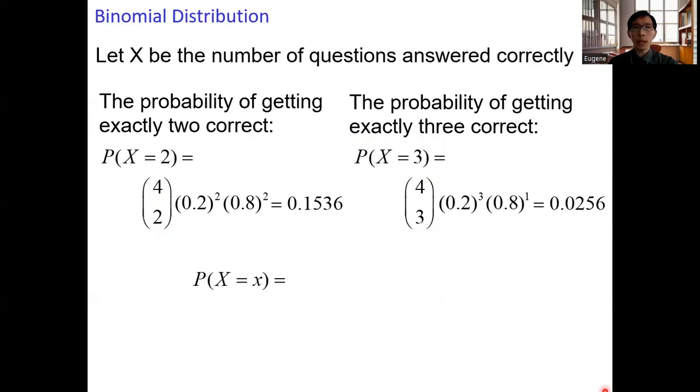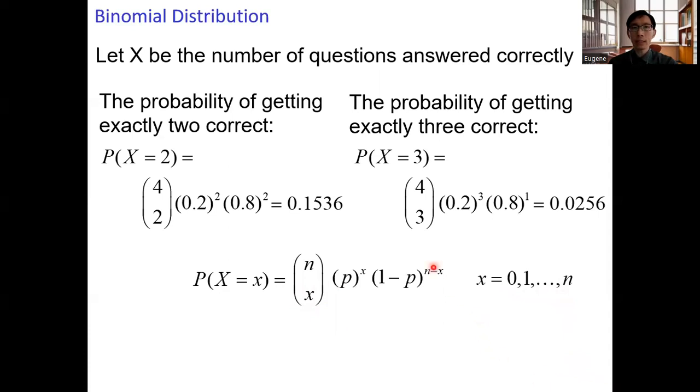The probability of getting exactly x correct has the expression P of x equals nCx times p to the power x times 1 minus p raised to the power n minus x. If n denotes the total number of questions and x denotes the number of questions answered correctly, then the value of x can take on values 0, 1, up to n.